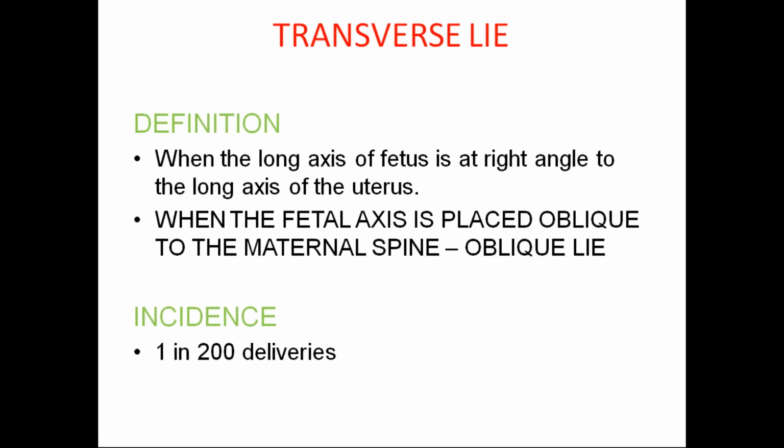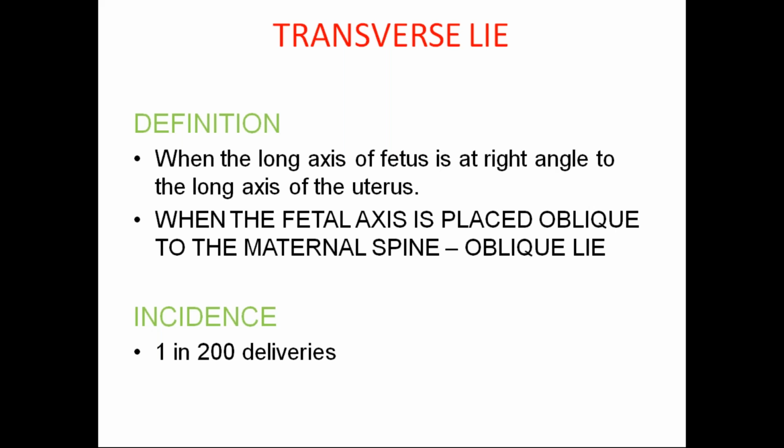Now transverse lie, shoulder presentation: the incidence is 0.5%, I've already told you. Longitudinal lie is more common. This lie is at right angles to the long axis of the uterus. If it is an oblique lie, usually it gets converted either into breech or into vertex. We are only worried about transverse lie with a shoulder presentation.